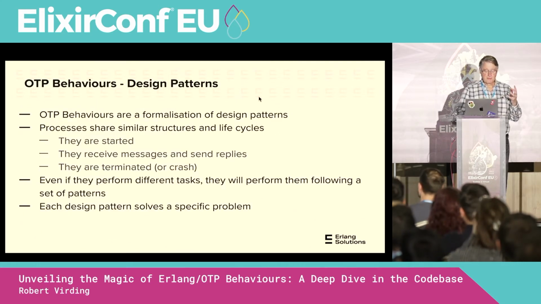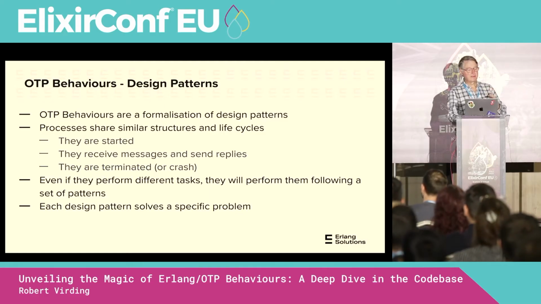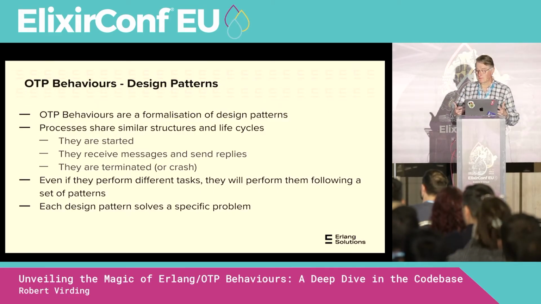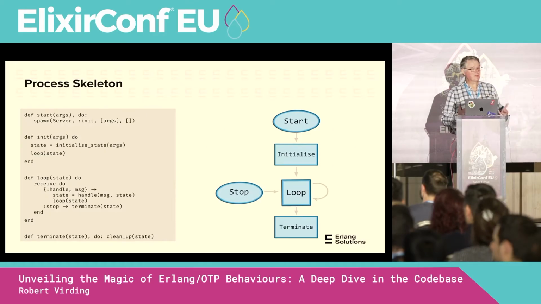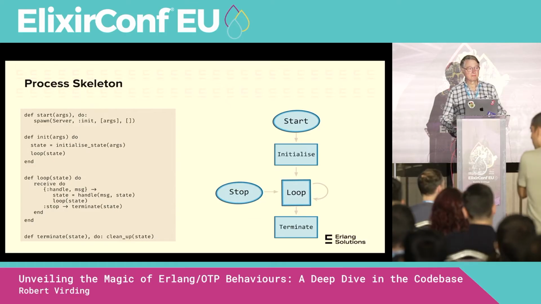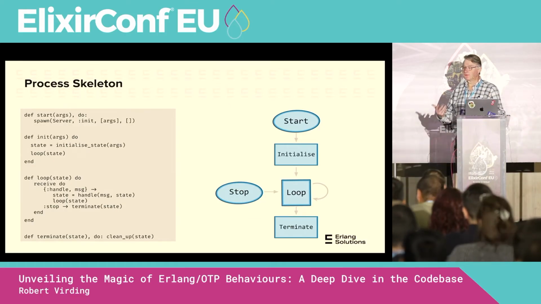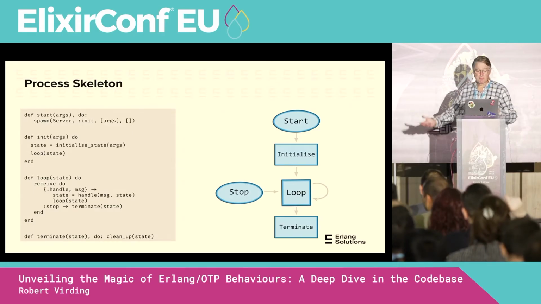So even if processes do different things, they will follow this standard set of patterns. And there can be different patterns built on top of this for doing different things. Okay. So this is the basic structure of all the processes running in the system at the low level. Again, very often you won't be creating the processes, you won't see this, but this is what's going on internally, right? You start the process.